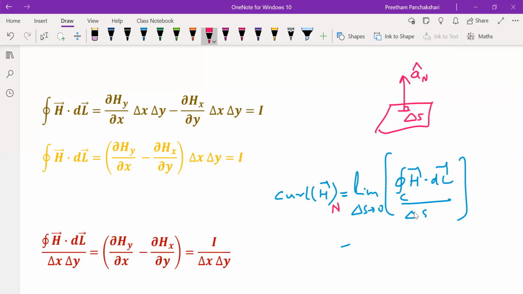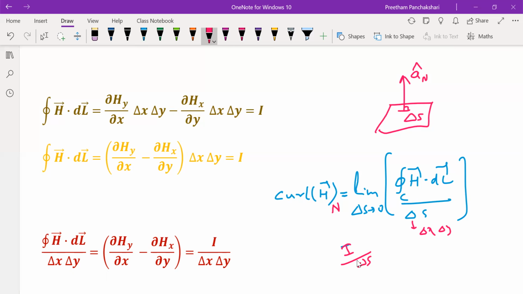So delta S is the area enclosed by the closed path C. In this example, delta S is delta x into delta y. So I can replace the first term by (curl H)n after applying the limit. Similarly, the last term, I by delta S, has a dimension of amperes per meter square.